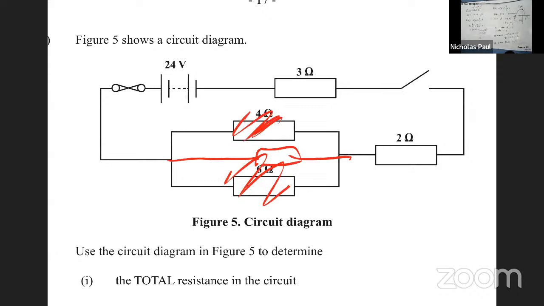And then those three, 1, 2, and 3, will be in series. Hurry up, use the parallel formula and simplify the 4 and the 6, and then put them all together.